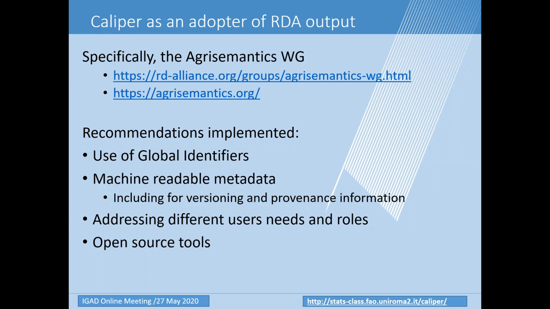And I want to mention a few: the consistent, thorough use of global identifiers over the web, that all metadata is machine readable, including versioning and provenance information, that we pay special attention to addressing the needs of different users playing different roles in the production chain, from editors to casual users interested in looking up data, and the use of open source tools.